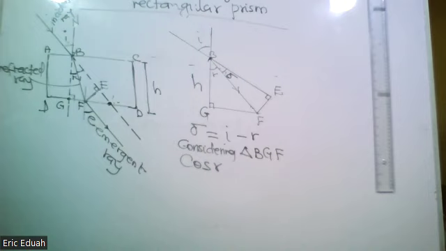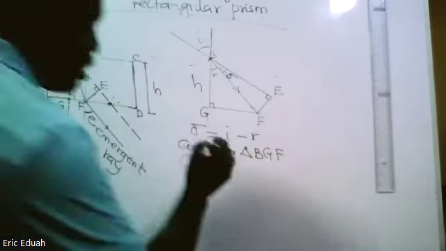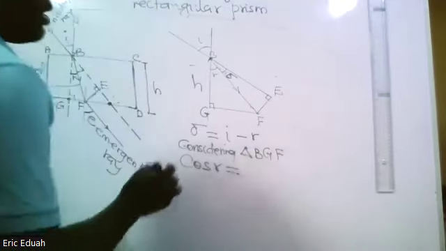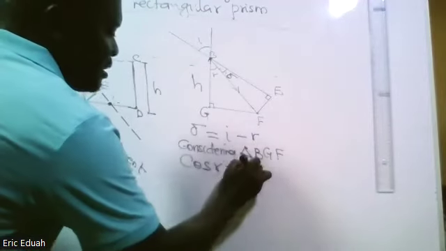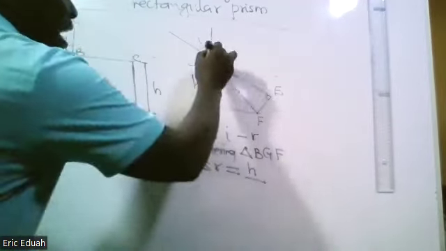Cos is adjacent over hypotenuse. Open your eyes. So the H over the line BF. Exactly. So cos R would be equal to adjacent H over the line BF.